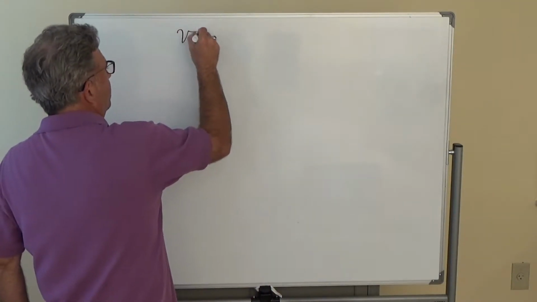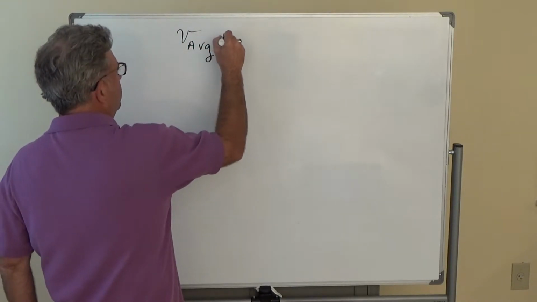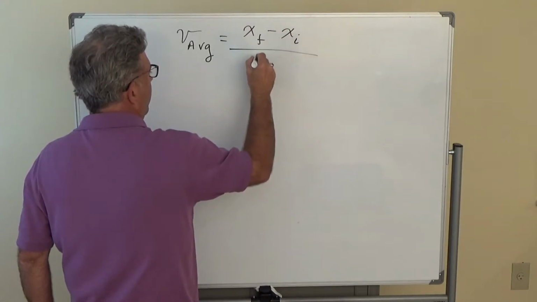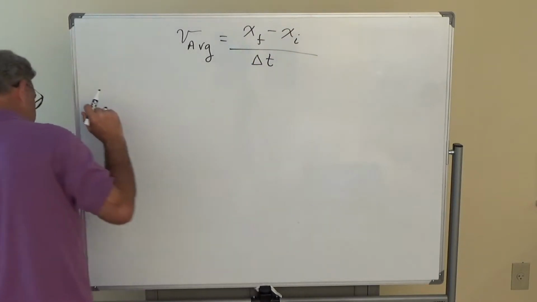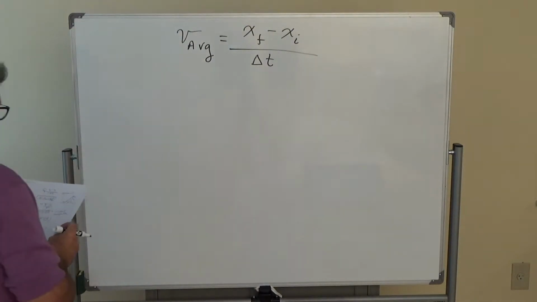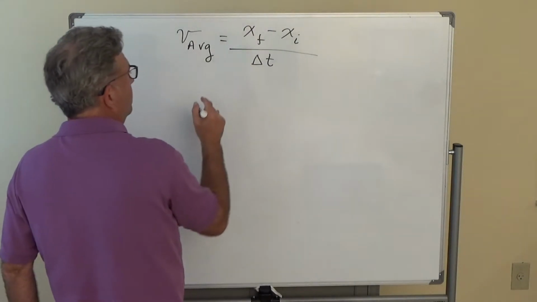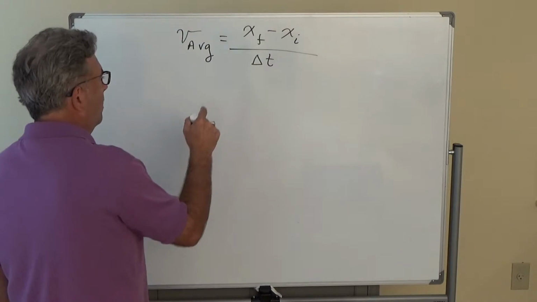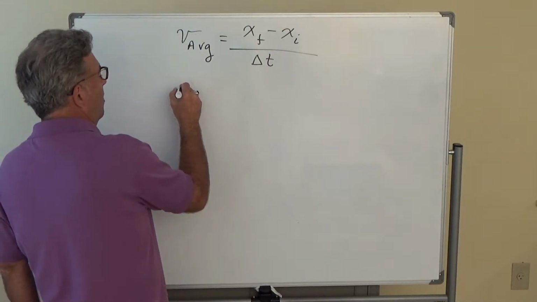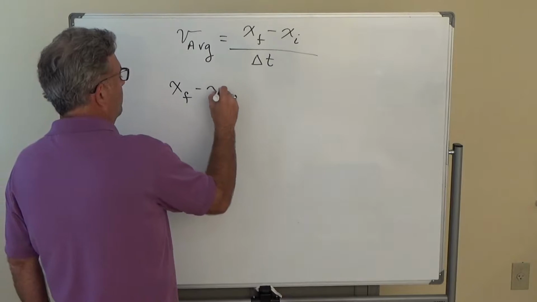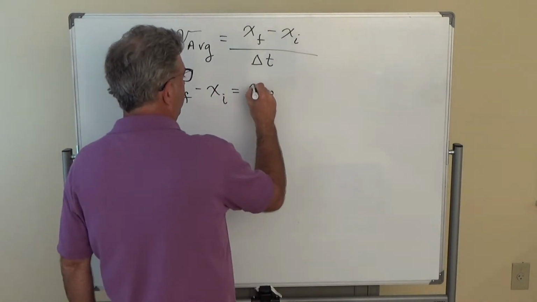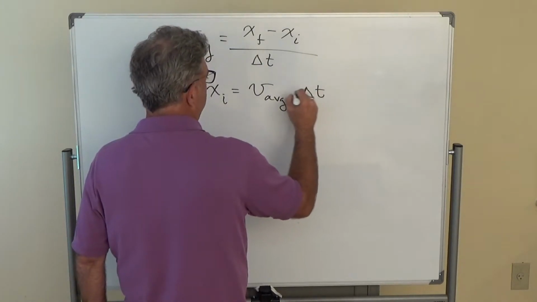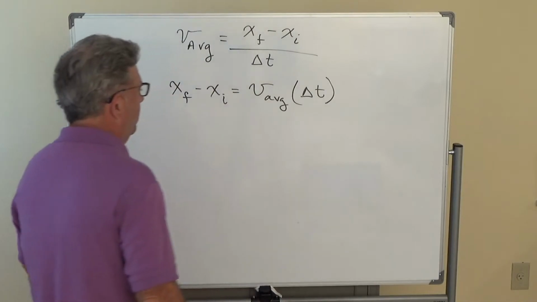So we started with this, which I just erased. V average is equal to x final minus x initial divided by delta t. Okay? We can change that around. I started to do this yesterday when everything went kaput. So we can write it as x final minus x initial is equal to V average times delta t.